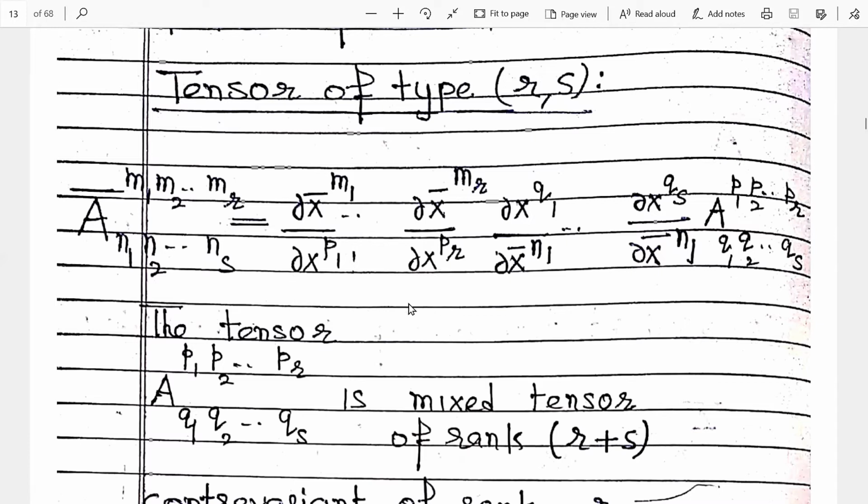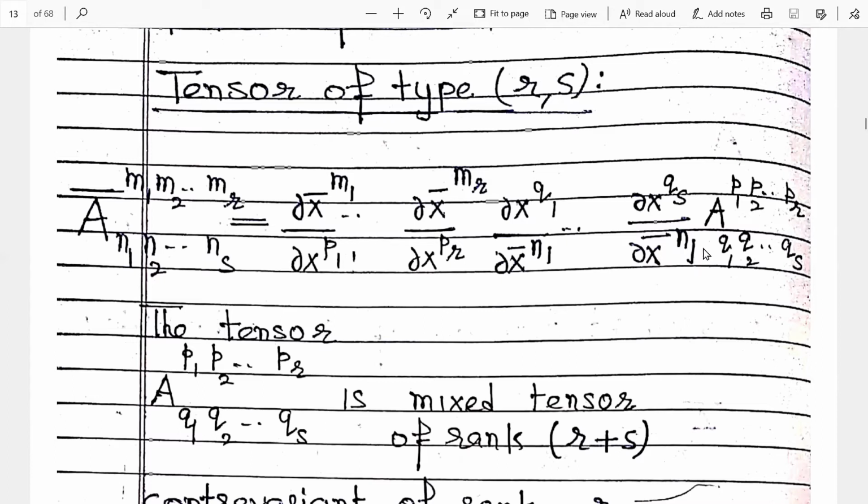So this covers our r, this covers our contravariant. Now in this case n1, n2, up to ns is at the lower part, so its bar variable is at the lower part. So this is curly x bar n1, curly x bar n2, and here curly x bar ns.